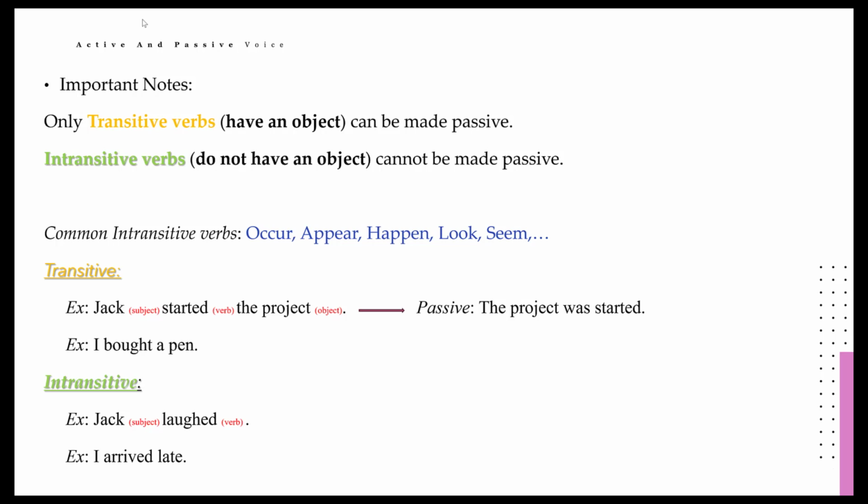The verb doesn't accept an object as its complement. It's more important. So if you are not able to recognize whether the verb is transitive or intransitive, just try to put an object after the verb or check from a dictionary. Common intransitive verbs are occur, appear, happen, look, seem.